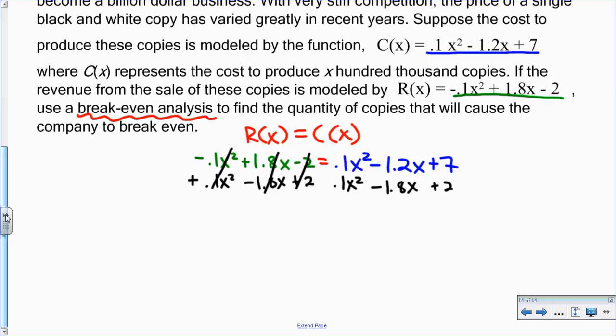Okay. So I get a 0 on the left. 0.1 plus 0.1, 0.2. Negative 1.2 minus 1.8 is negative 3. And 7 plus 2 is 9. Since I have a decimal for a, I'm just going to go right to quadratic formula.